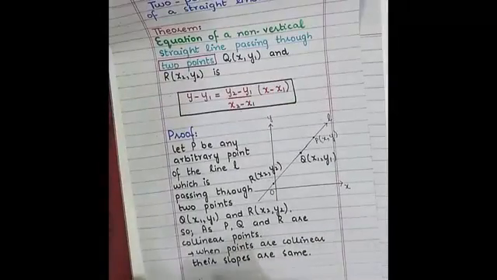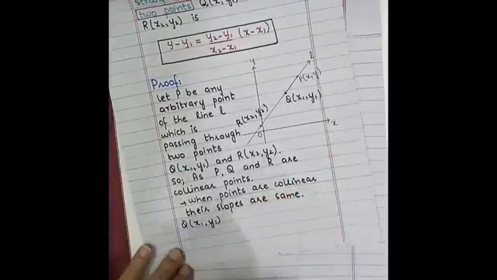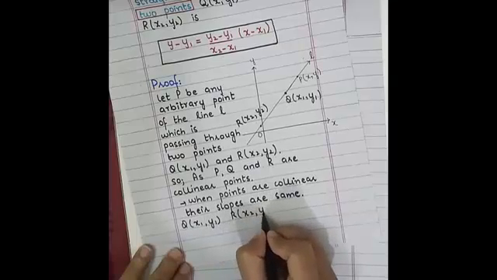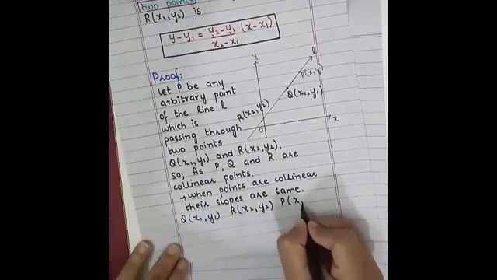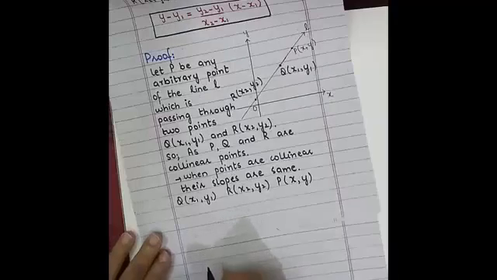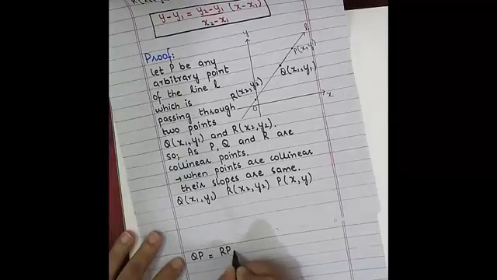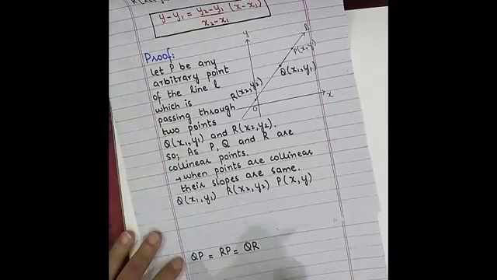We have 3 points. Q with coordinates x1, y1. Then we have R with coordinates x2, y2. Then we have P with coordinates x and y. So the slope of QP is equal to the slope of RP is equal to the slope of QR because of their being collinear.